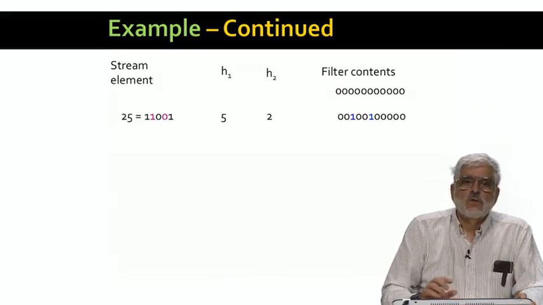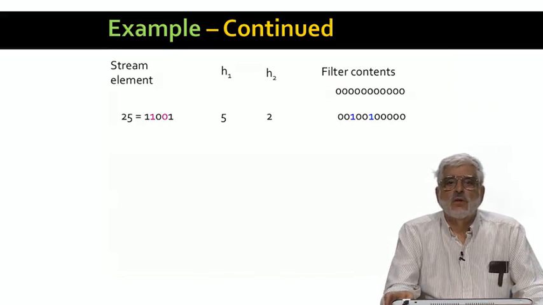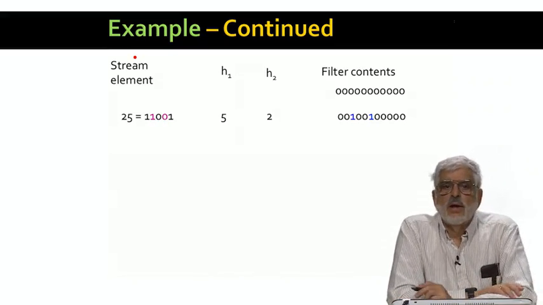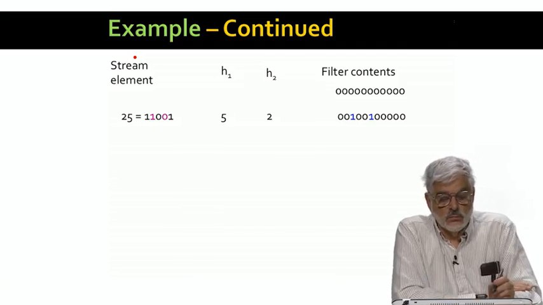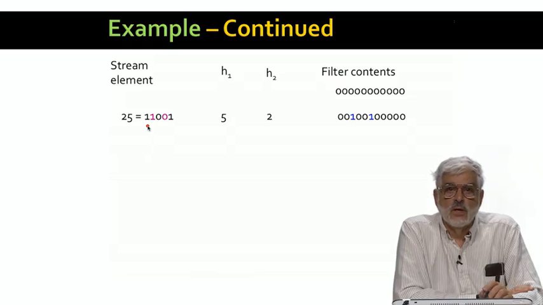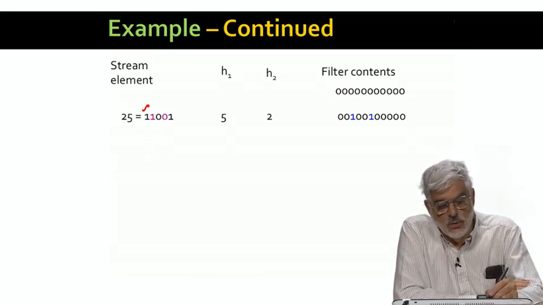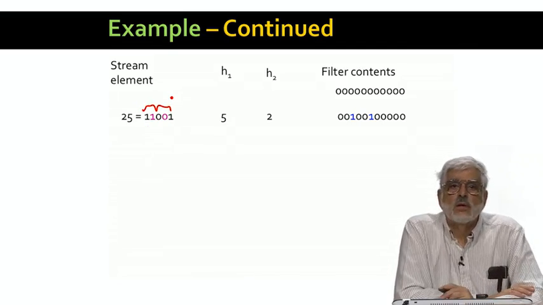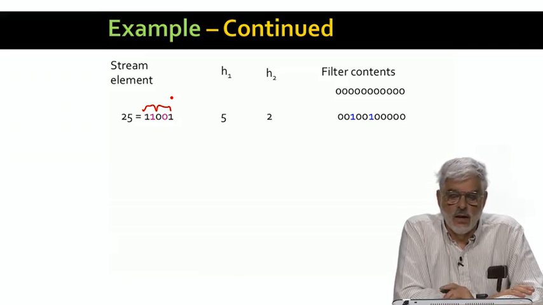The first integer is 25. We show its value in binary with the odd-numbered positions counting from the right in black and the even positions in red. h1 is formed from the odd positions, and we see 1, 0, 1. That's 5 in binary, and 5 modulo 11 is 5.